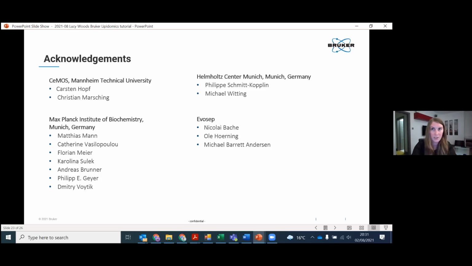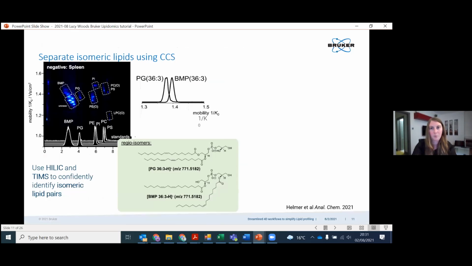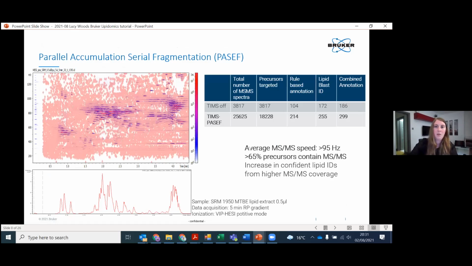So what I showed in that table was there were a couple of columns: the increase in the total number of MSMS spectra and the increase in the number of precursors targeted. The largest increase is in the total number of MSMS spectra, which you would expect because it's 10 times faster, and you can see this from the values.